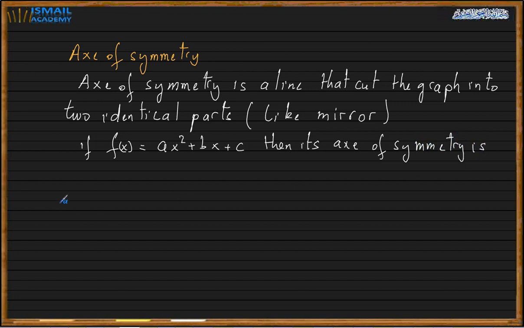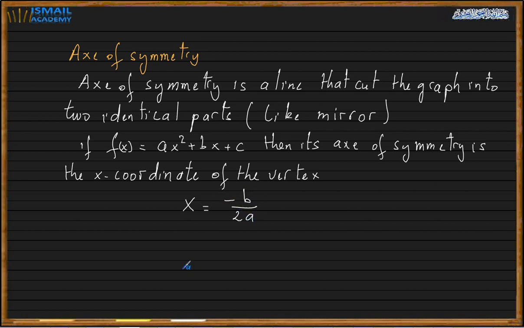is the x coordinate of the vertex, which means that my axis of symmetry would be x equals minus b over 2a.